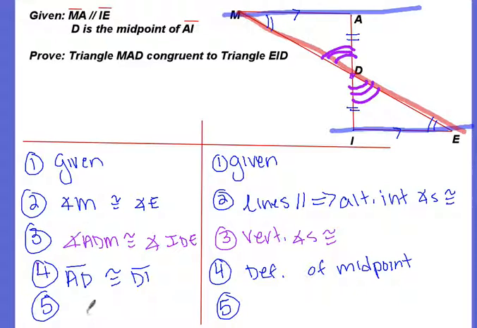And then for this last one, well, if I look at the order of my given information, I have two angles and a non-included side. That means that triangle MAD is congruent to triangle EID by angle, angle, side.